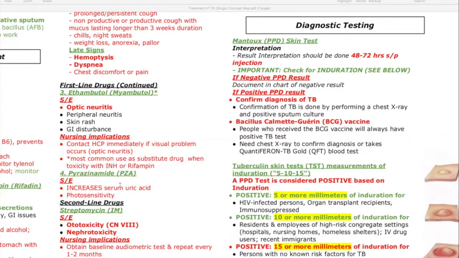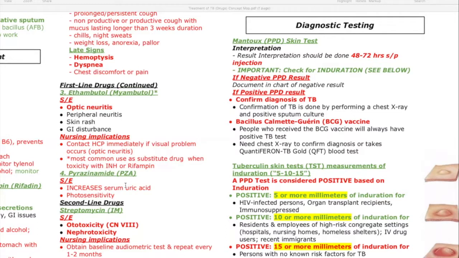So we talked about the measurement of the induration. Essentially, if the measurement of the induration meets the following criteria, then the test will be considered positive. If the induration is 5 or more millimeters for populations that are infected with HIV, then that's considered positive.